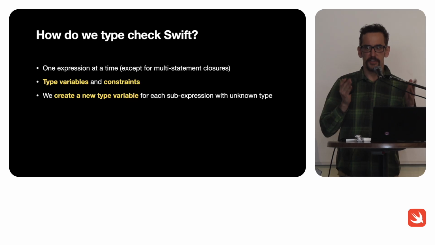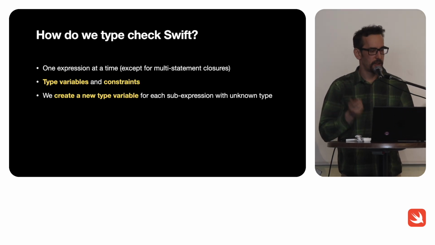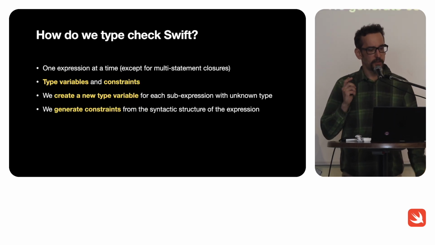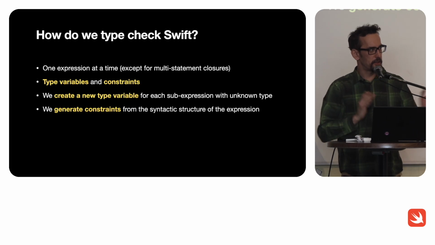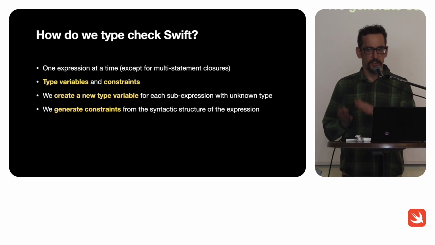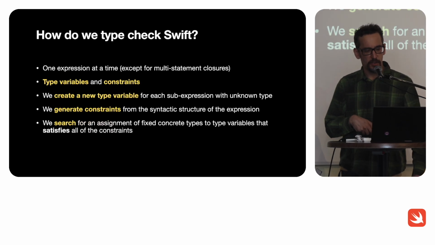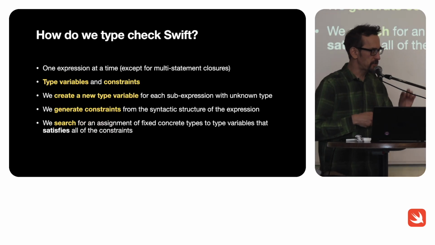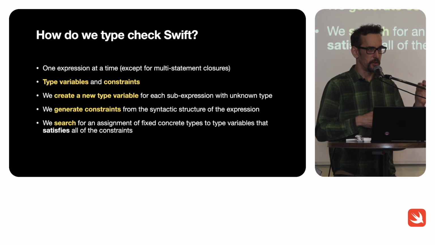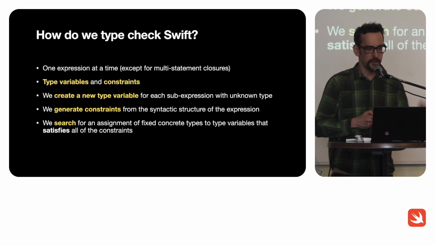And a type variable can stand for any concrete type. But then we look at the syntactic structure of the expression and we generate constraints to relate these type variables. The constraints restrict the concrete types that the type variable can have. And the goal is to search for some way of assigning a fixed concrete type to each type variable in a way that satisfies all of our constraints.